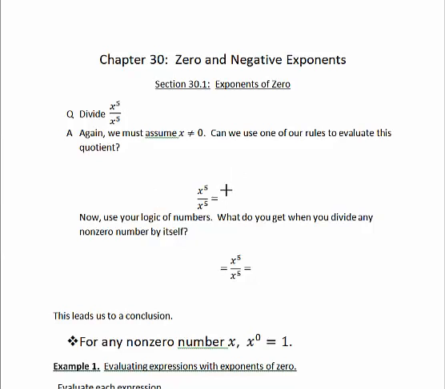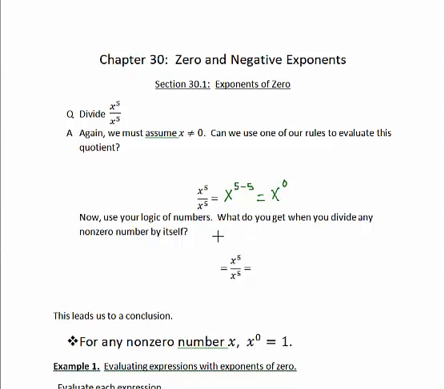If we apply the quotient rule, typically we pick the larger exponent and keep that variable where it's at, and we subtract the smaller exponent from it. In this case, they're equal. If we just move this 5 to the top and subtract it from the other one, we get x to the 0 power.